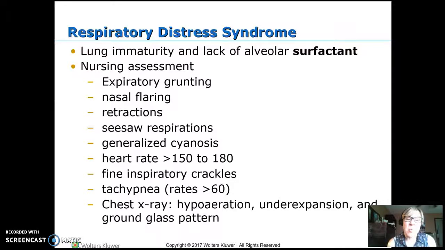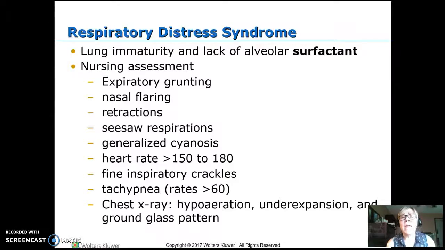So what do you see on this preterm baby who doesn't have enough surfactant? Well, they've got to work harder to open those alveoli. You're going to see expiratory grunting, particularly at the end of expiration. So they inhale, exhale, inhale, exhale. It's a little grunt at the end. Nasal flaring, retractions.